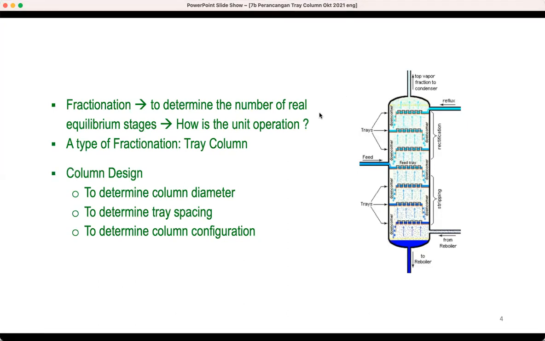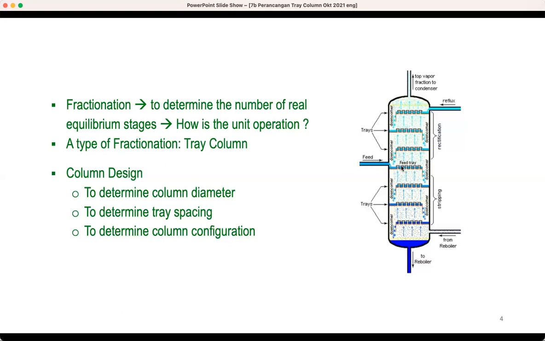One of the types of fractionation is called a tray column because inside the column there are trays, and one tray represents one stage of equilibrium distillation. So for example, you have the feed, let's say in the middle, here, and then there is a feed tray.